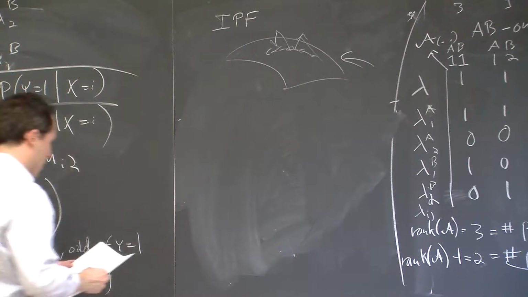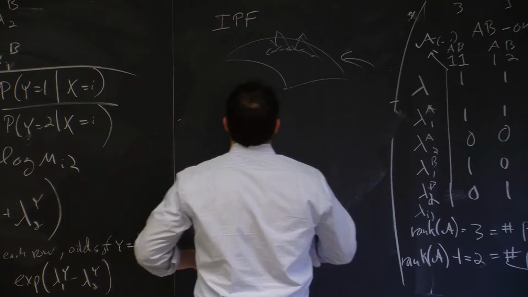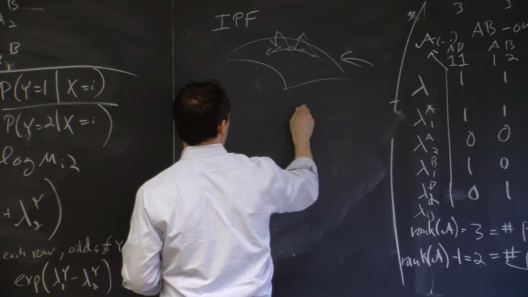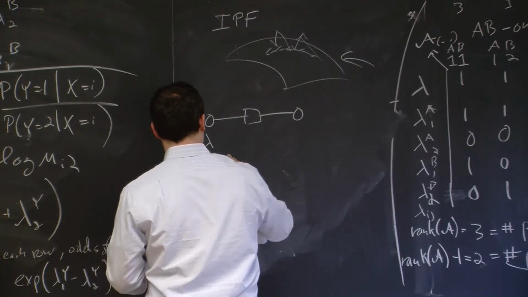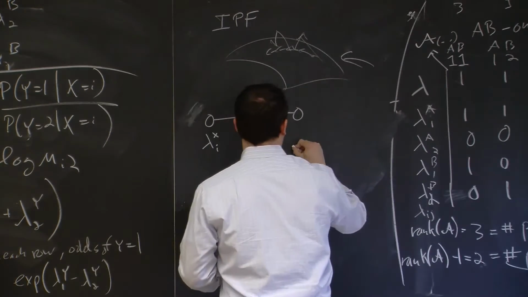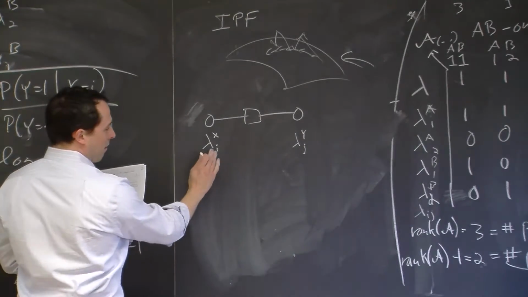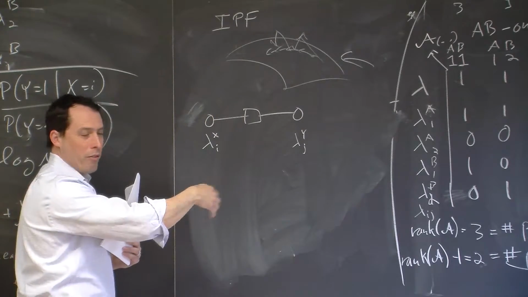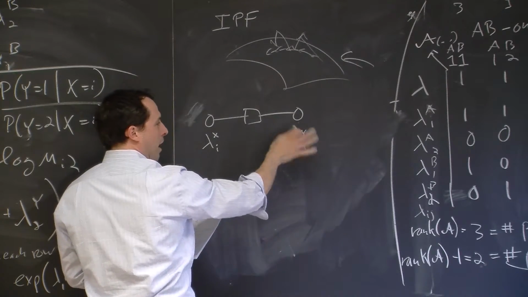All right, so let me add a saturated model. Let me revive our pictures for a second here, because now we have some more labels that we can add to these things. Say I have two variables x and y. In the independence model, I have only parameters lambda i x for each possible state of x, possibly throwing one out or otherwise adjusting for the constraint. I have one parameter for each state of y. That's the independence model.